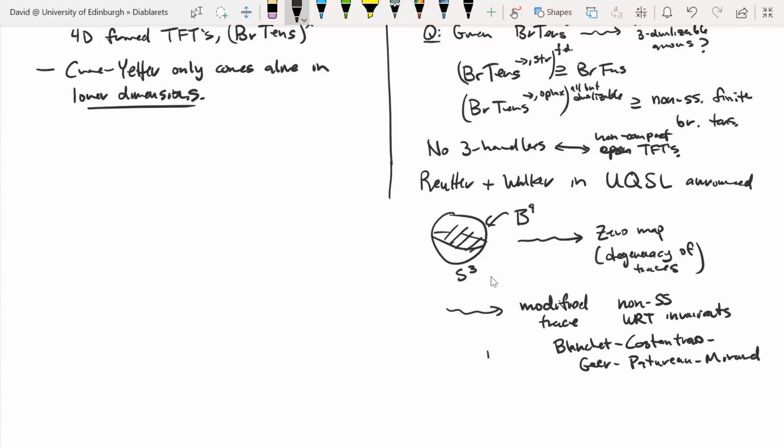So BCGP. What these folks did is they knew this fact about the degeneracy of the traces, and they invented this notion of modified traces, and then they bootstrapped the traditional WRT construction that's not fully dualizable, so that they constructed non-semi-simple WRT invariants.